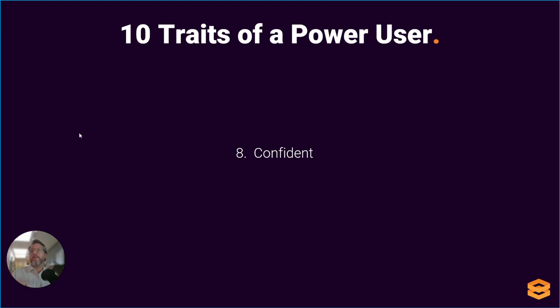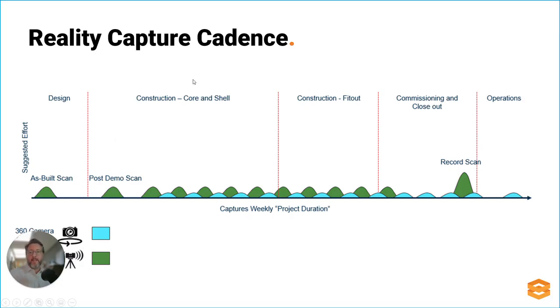You're going to have the confidence of understanding that in order to get the best and cleanest data possible out of the Avvir platform, you're going to have the confidence in your reality capture cadence, right?